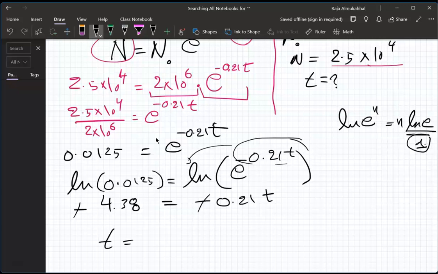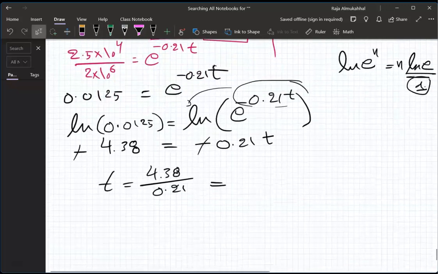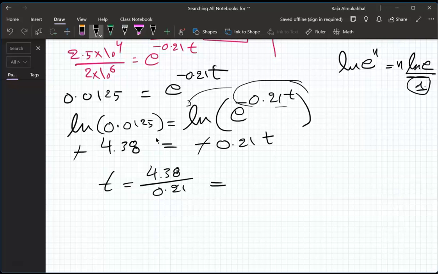So I can solve for t: 4.38 divided by 0.21, and I can get an answer for that. Oops, I made a mistake.